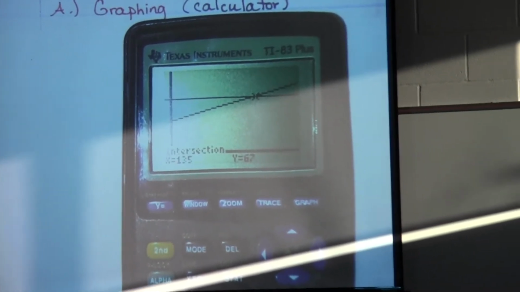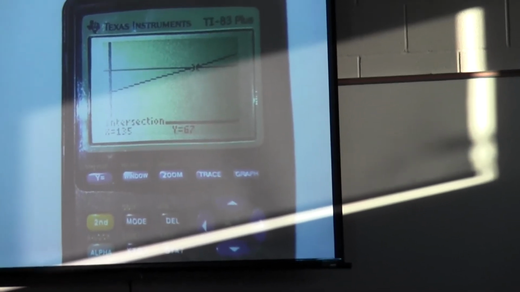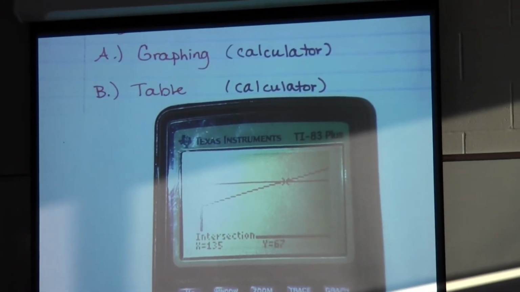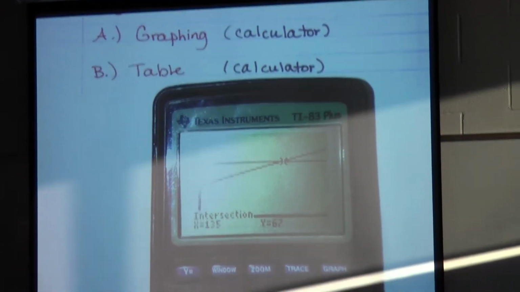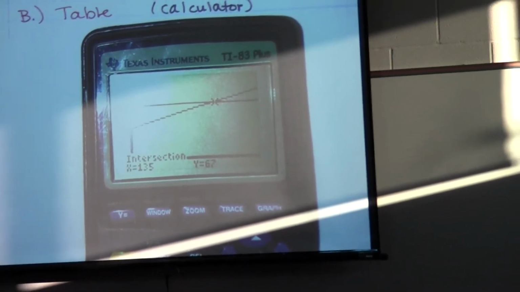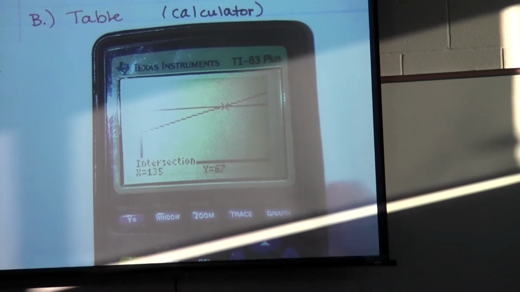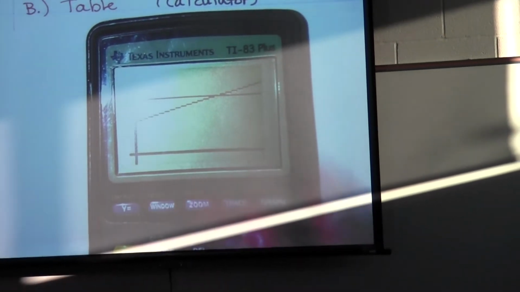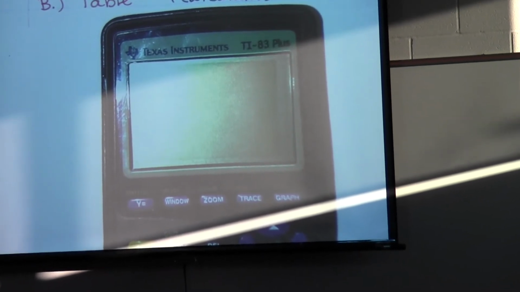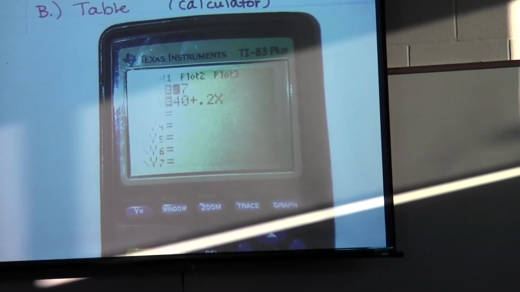Good, good, huge. All right, the second method then, in our notes that we're going to look at, is table. And we can still do the table on our calculators as well. To use a table on our calculator, we would do exactly the same starting points as we did for the graphs.